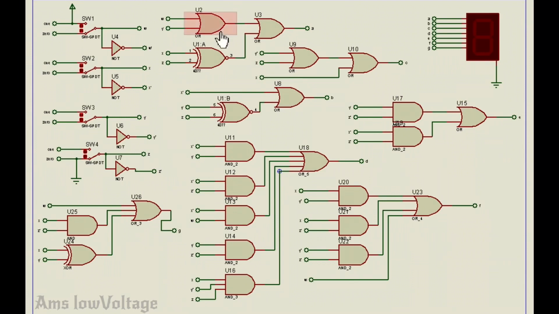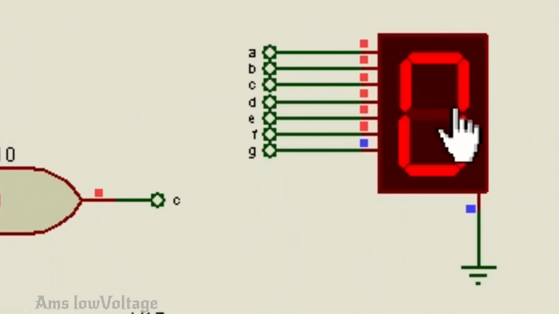All these circuits I have implemented in Proteus, and then let's have a look at the output. So I'm running this circuit in Proteus. I put the play button on, and in this you can see the output in the 7 segment display.